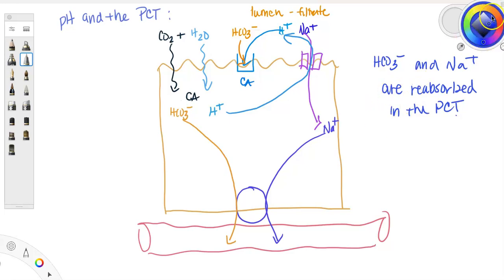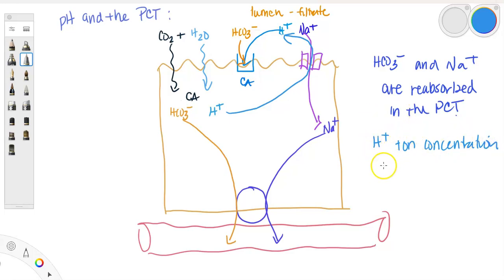The hydrogen ion concentration gets fine-tuned in the distal convoluted tubule and collecting duct.